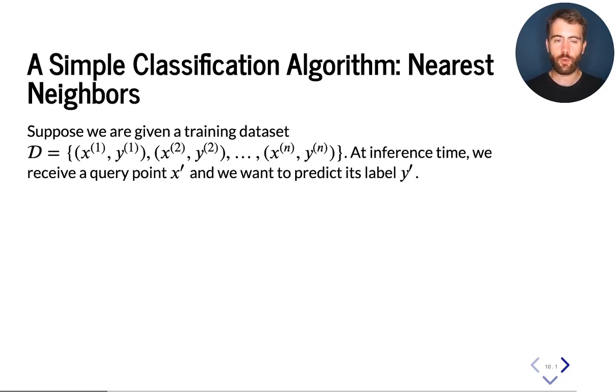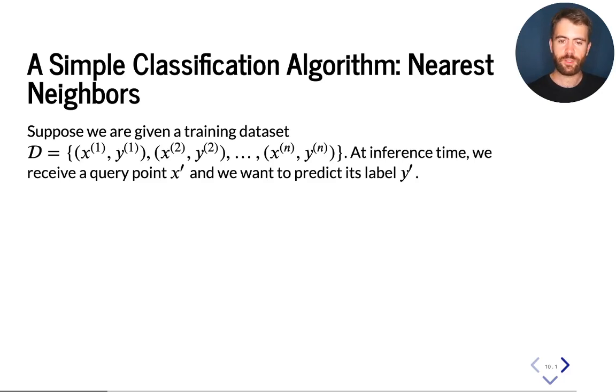We're going to use it both to understand some theoretical properties of supervised learning, and it's also an algorithm that's important by itself in certain practical applications. And also we will use this algorithm to contrast two different approaches, the nearest neighbors approach and the approach that we're going to see in the following videos.